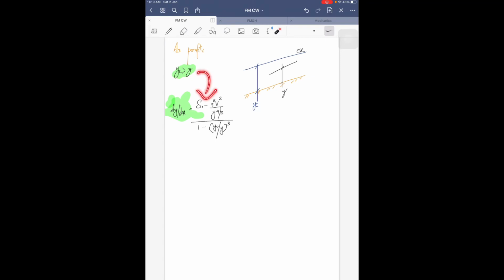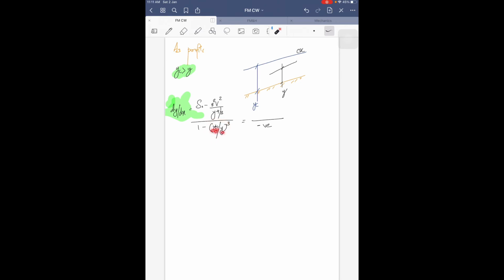Applying this over our equation, since yc is greater than y, yc by y will be a value greater than 1. We are making the third power of that value, and 1 minus a value higher than 1 will be negative.